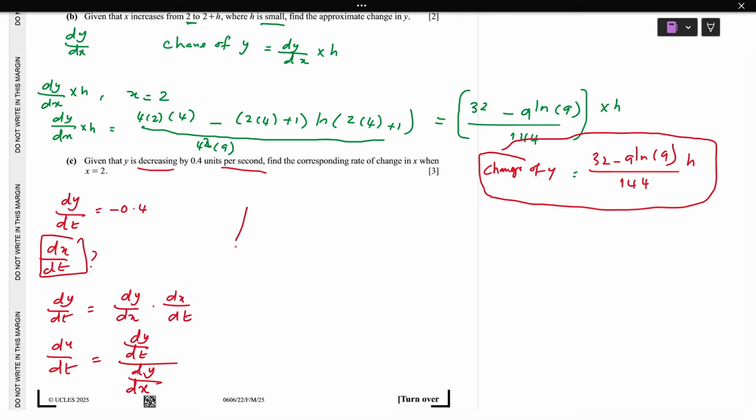Next I'll write here: dx by dt equals dy by dt, which is already given, negative 0.4, over dy by dx, already done in the first part.